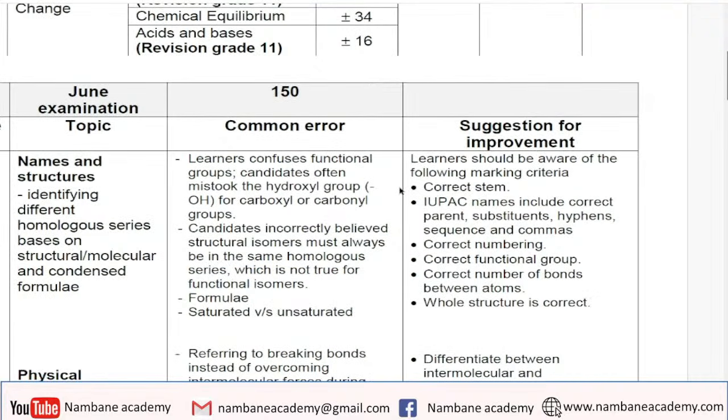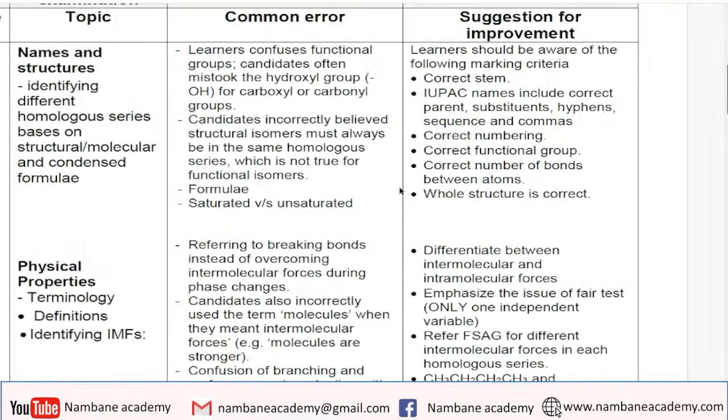I'm not going to talk to the things that I referred to in paper 1. They are already done. Matter and material, naming and the structures. Very, very important that learners know the difference between functional groups, homologous series, and the likes.